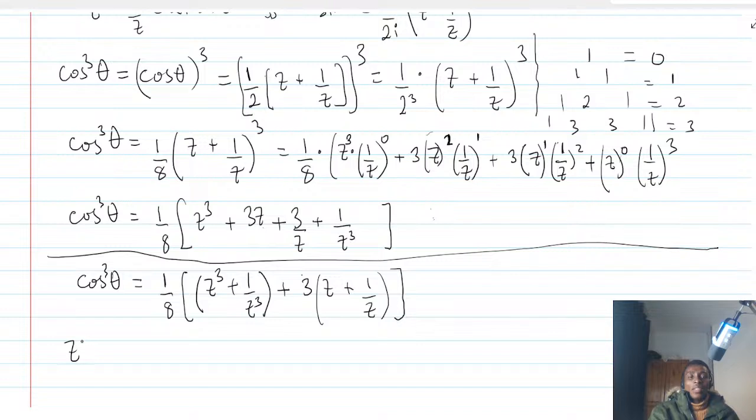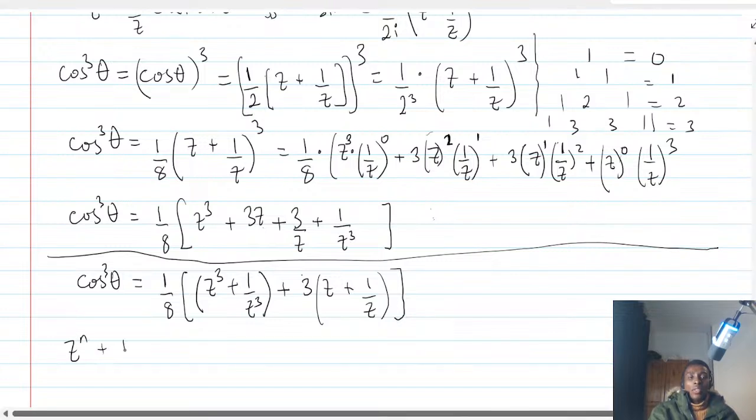So we know that Zn plus 1 over Zn is 2 cos n theta.